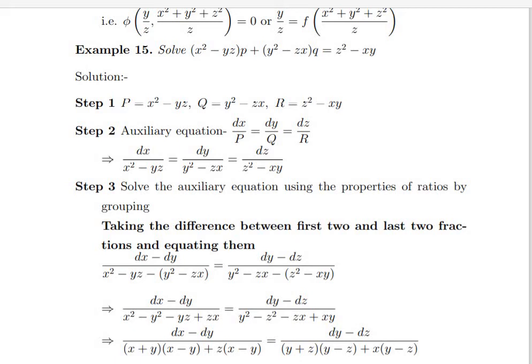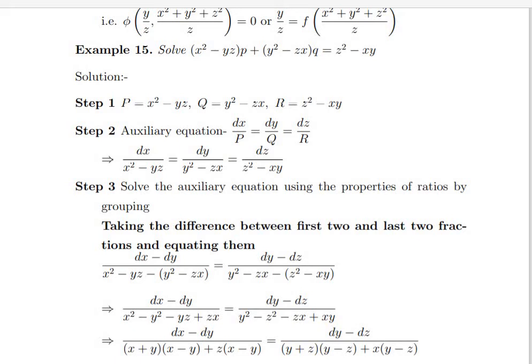That is, take the difference between the first two and the last two fractions and equate them, and we will get dx minus dy by x square minus yz minus y square minus zx equal to dy minus dz by y square minus zx minus z square minus xy.